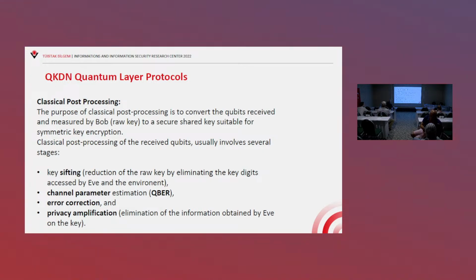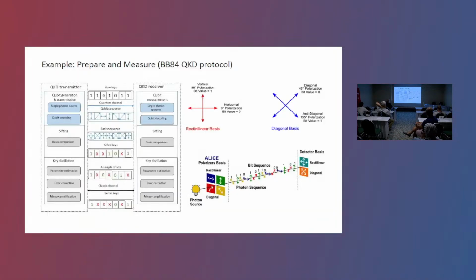And there is also a fourth element, which we call privacy amplification. This is an information theoretical approach where we eliminate the information that is obtained by Eve on the key. So these four steps constitute the classical post-processing part.